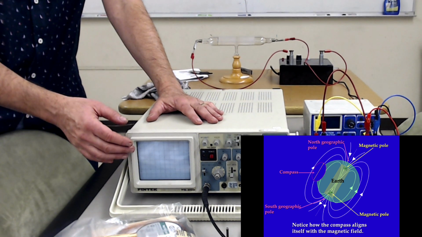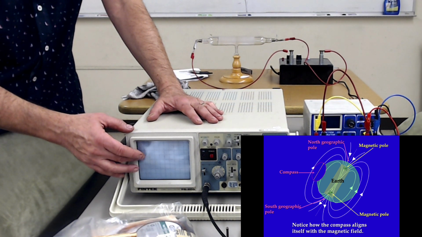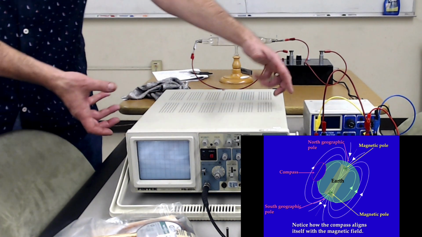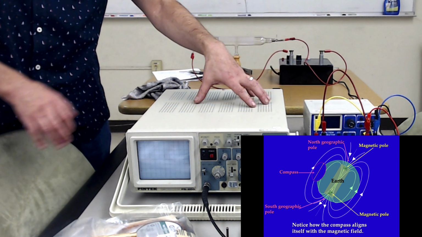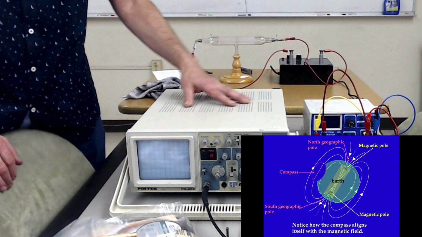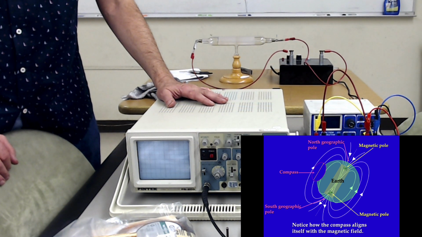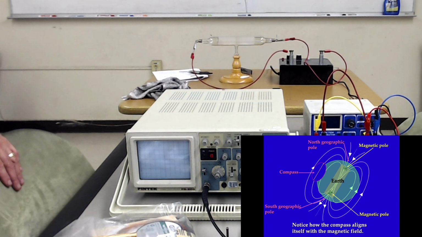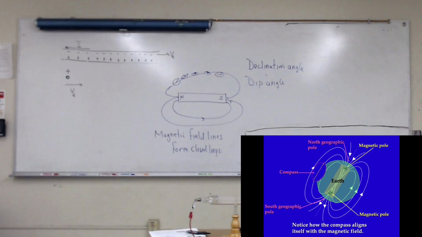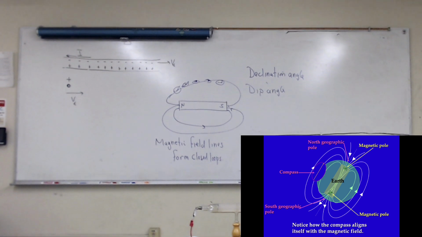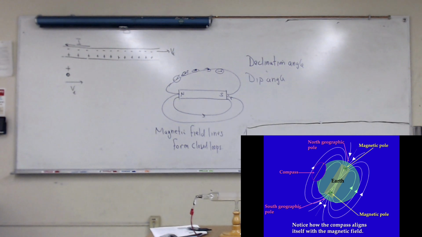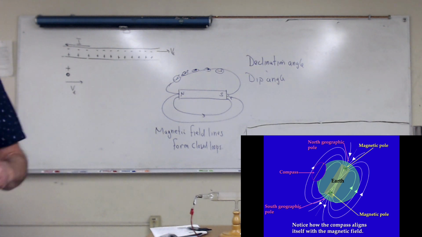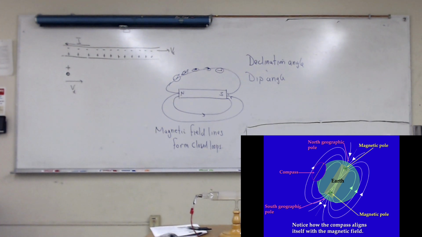So if you just have a trace, ground this, so you just get a horizontal line, and you reorient the oscilloscope, you will see the trace change directions, because the electrons are affected by the Earth's magnetic field. We'll talk about the strength of the Earth's magnetic field a little later when we introduce the units for the magnetic field.